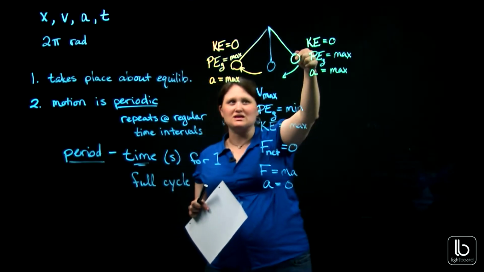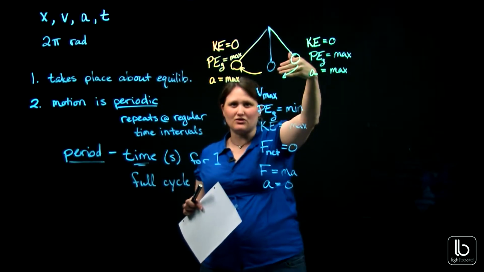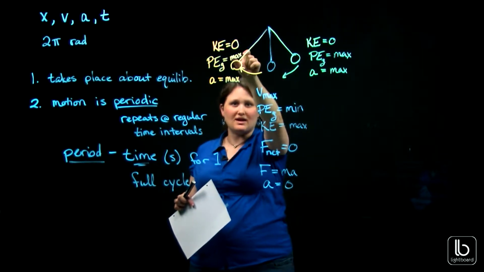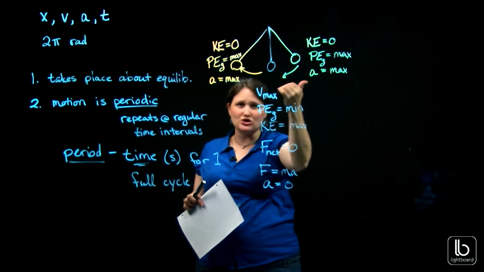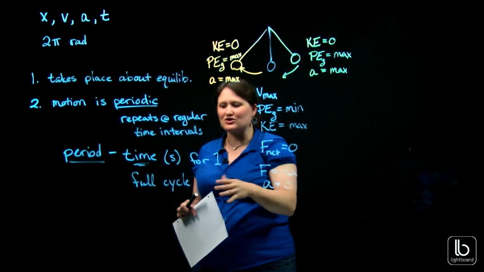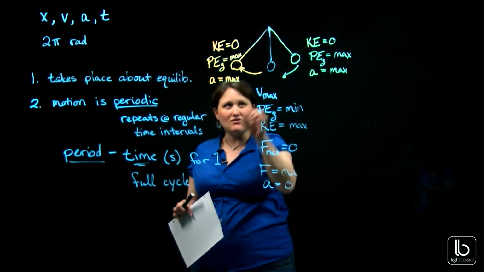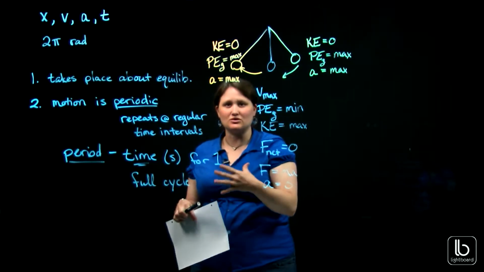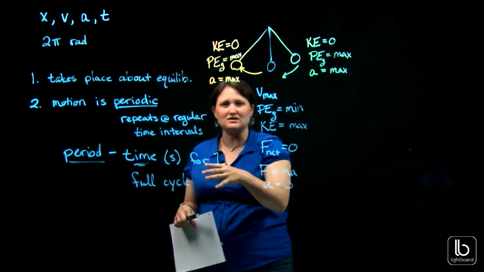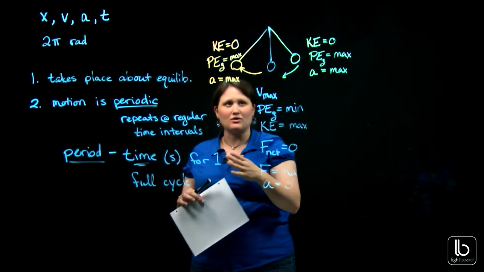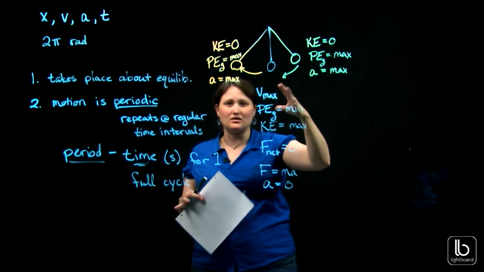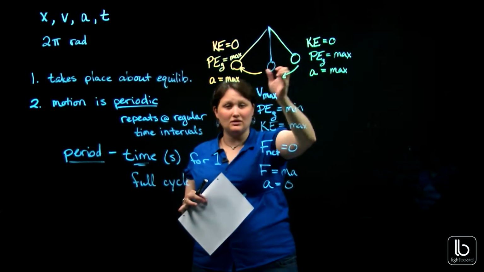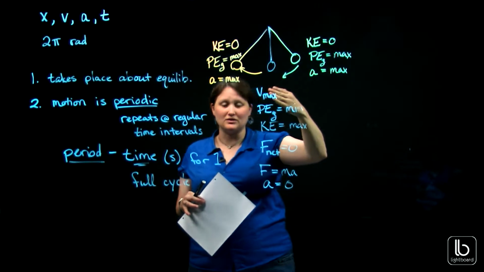It's not, because as I swing through, I'm swinging to one side, but as I come back the other direction, the motion is in the opposite direction. I'm not actually at the same part in the cycle. Even though I'm at the same position, I'm not at the same point in the cycle. So it's important to recognize that the period is the time it takes for a full cycle. In other words, for it to look exactly like it has at a previous point.